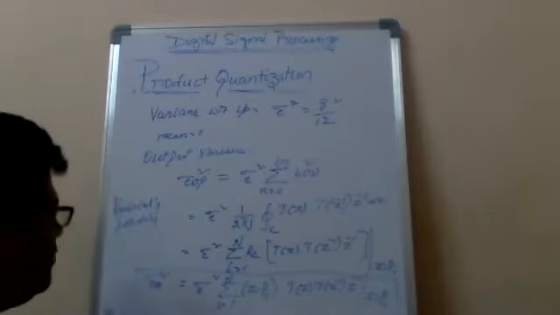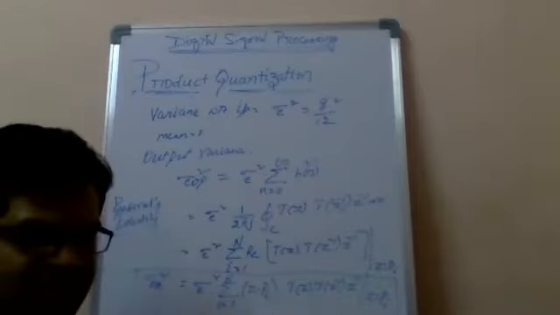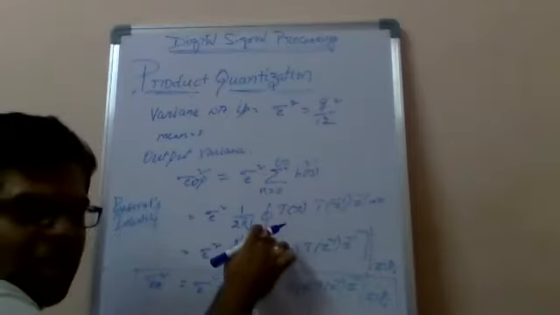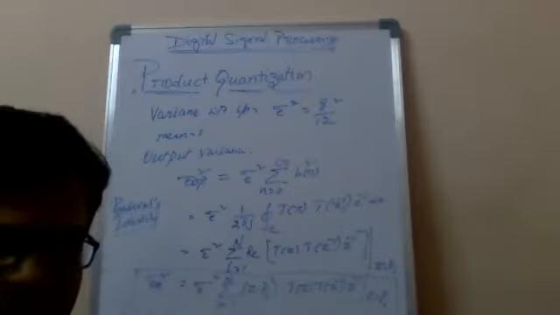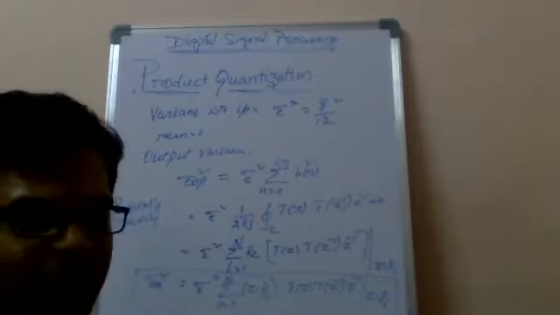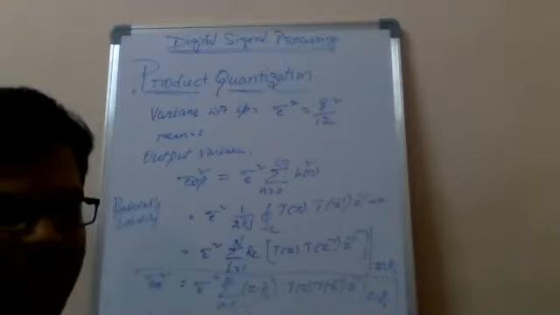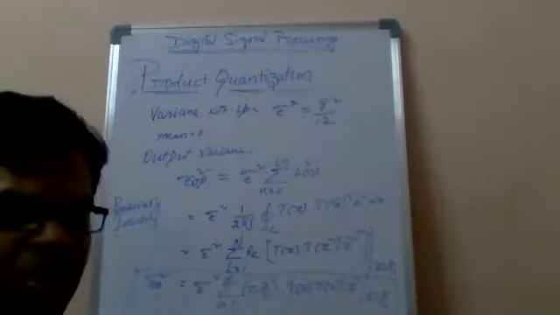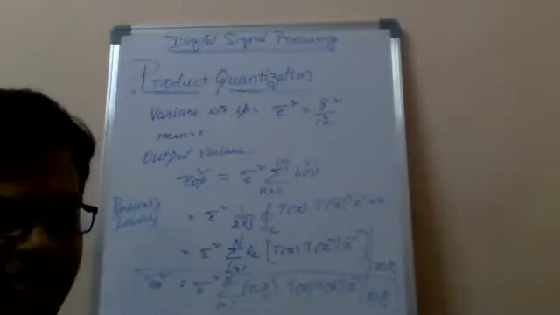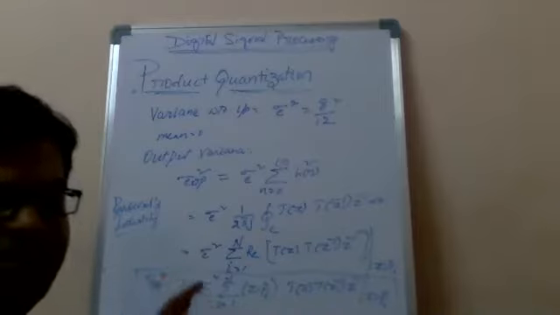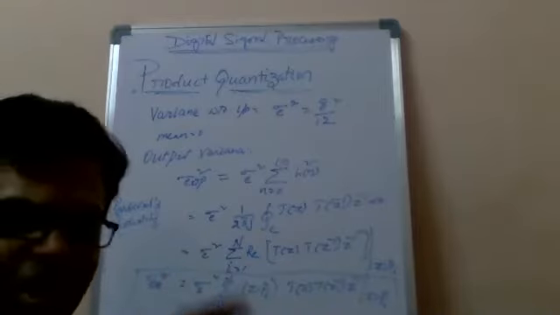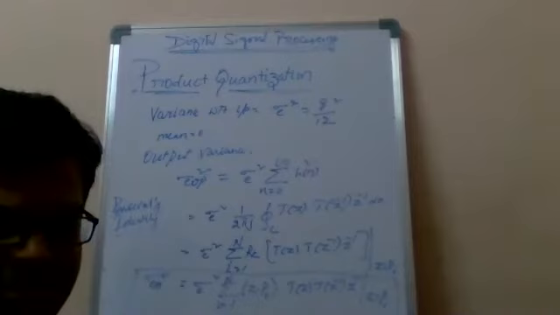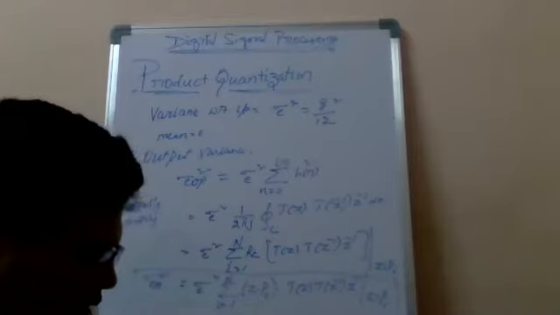So always remember this when you are considering this part. With respect to the contour integral, it is to be underlined that only the poles which lie inside the unit circle will be considered in order to apply the quantization principles or to realize the structure. That is what we have to make a note of.